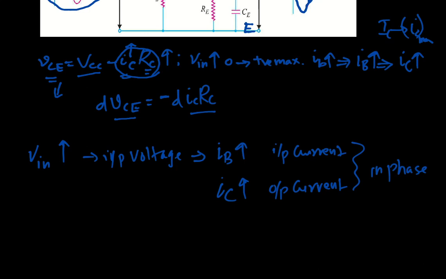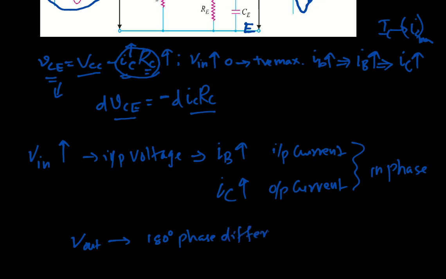But remember that when we consider the output voltage, if the input voltage increases in the positive sense, then the output voltage increases in the negative sense, meaning there is a phase difference of 180 degrees between the input and output voltage.